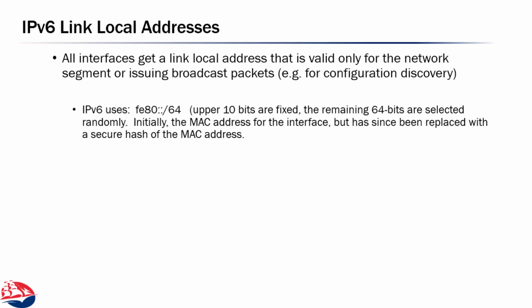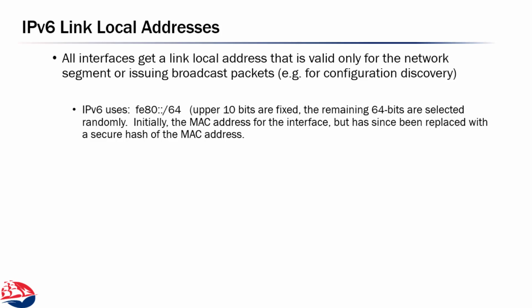One other trick about IP6 is that every interface gets its own link local address. And that address is only valid for the network segment between that interface and its router connection. IP6 is going to use a special range that starts with FE80 and then, in this case, 54 bits of zeros.